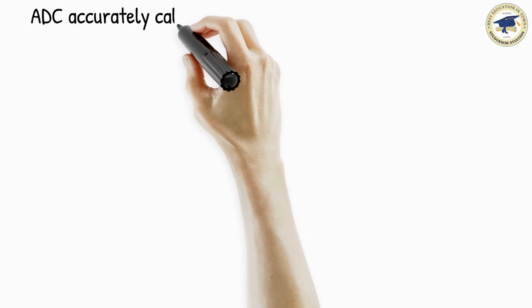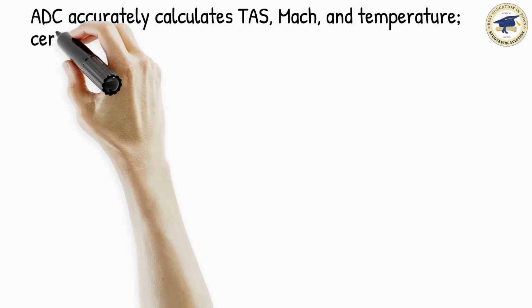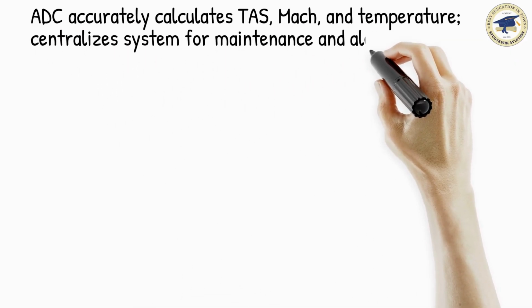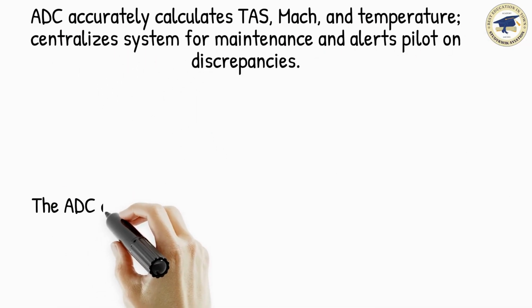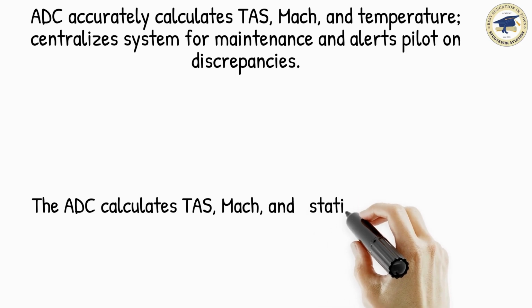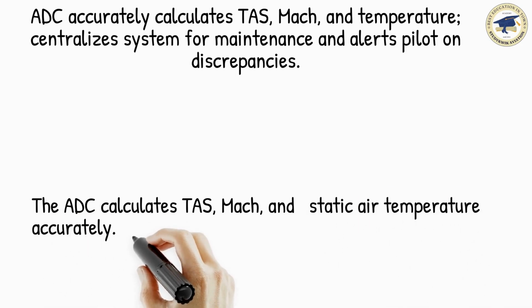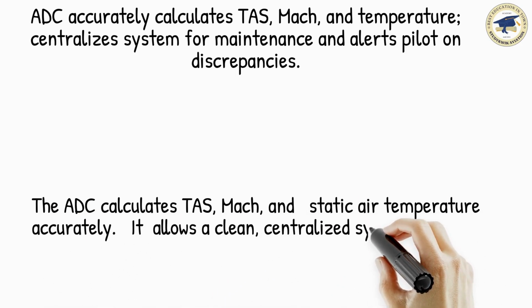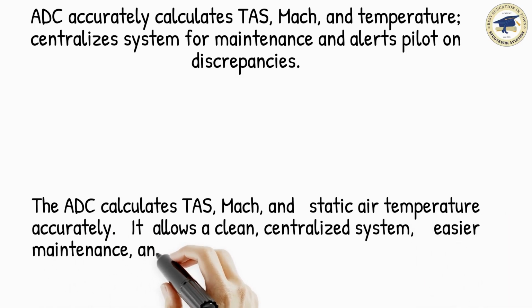The ADC calculates TAS, Mach, and static air temperature accurately. It allows a clean, centralized system, easier maintenance, and reduced piping. Failure warnings compare multiple ADC outputs and alert pilots to discrepancies.